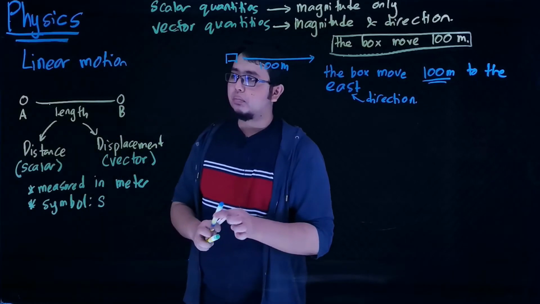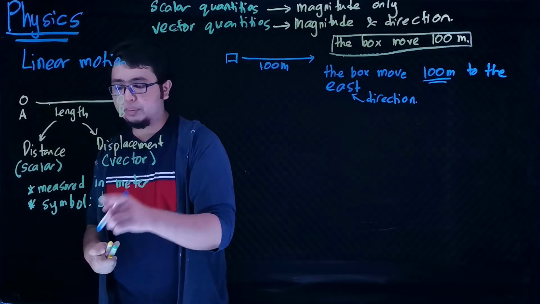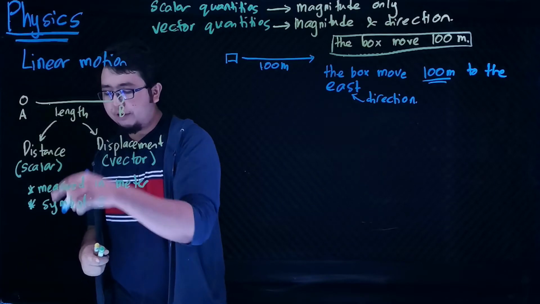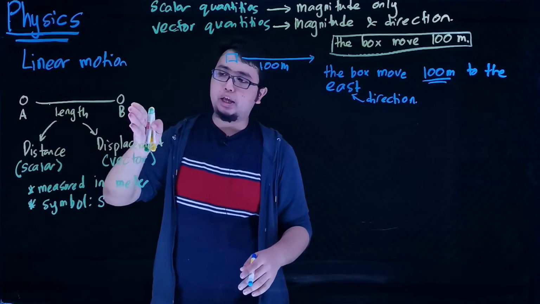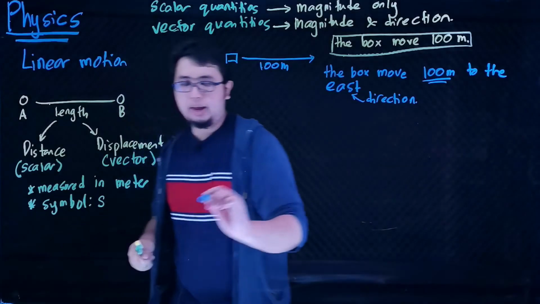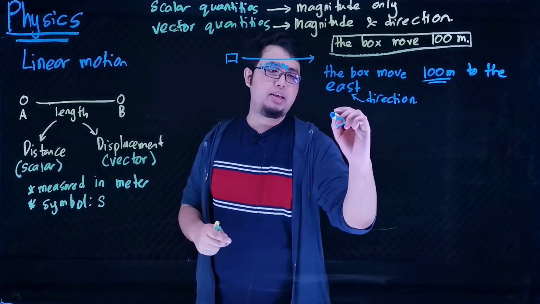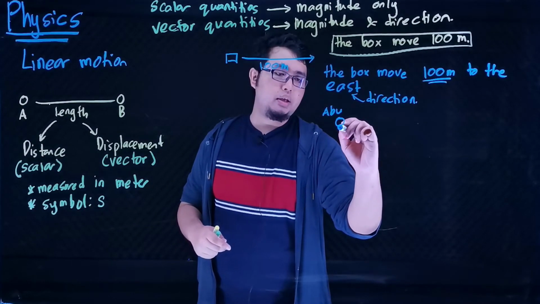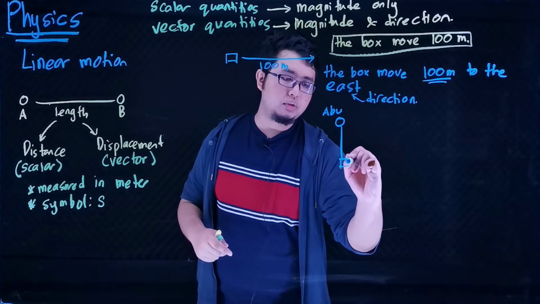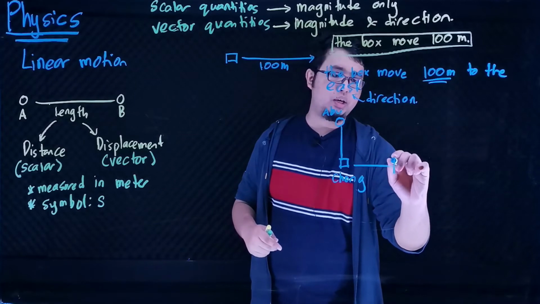Now, in linear motion, we go with distance and displacement one by one. Let's say I'm giving you a simple map. Here is Abu's house. He goes to Chong's house. Then he goes to the library.